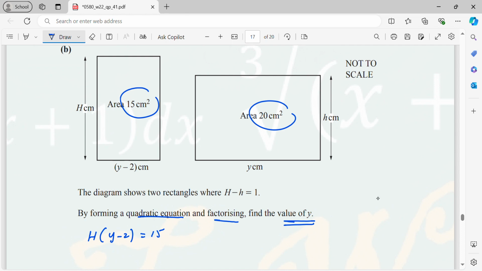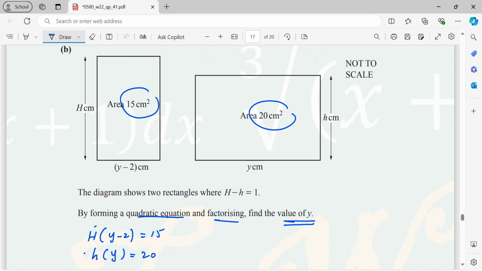And the second area is h times y equals 20. Now, when you look here, you have capital letter H and lowercase letter h, so you have to decide which one to keep.